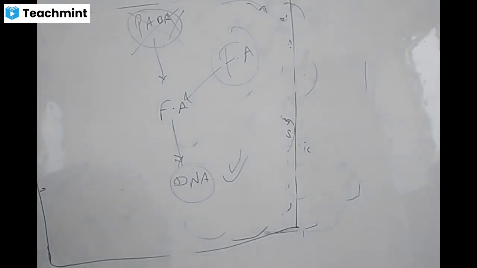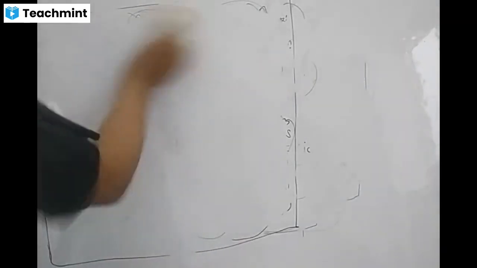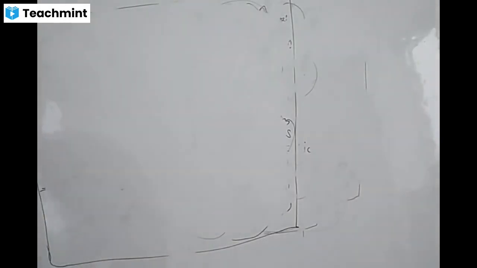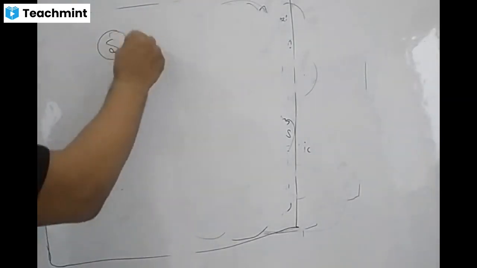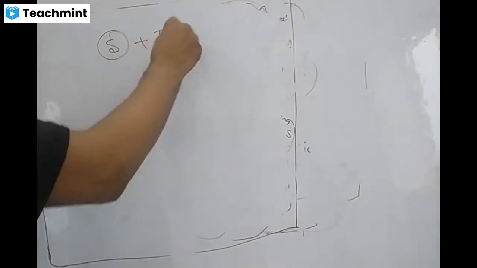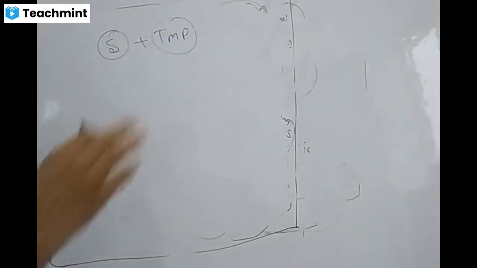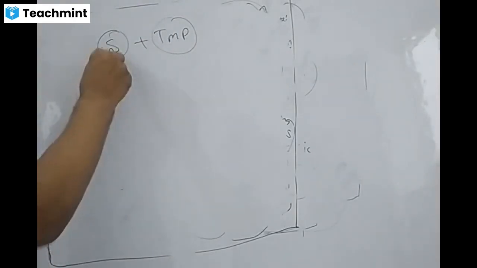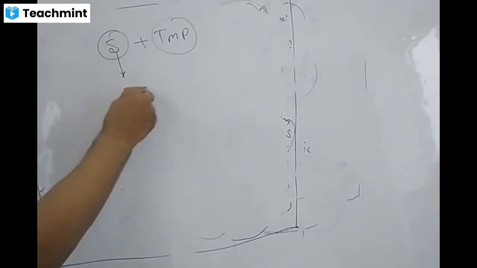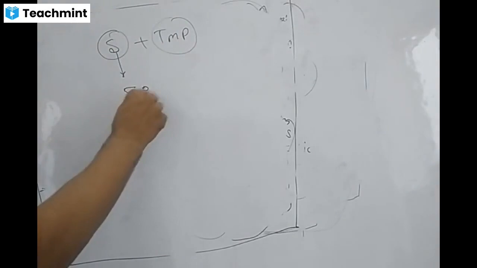Then there is one more class known as potentiated sulfonamide. Potentiated sulfonamides are a combination of sulfonamide plus a molecule like trimethoprim. One MCQ asked about this combination ratio. The combination was 5 is to 1.